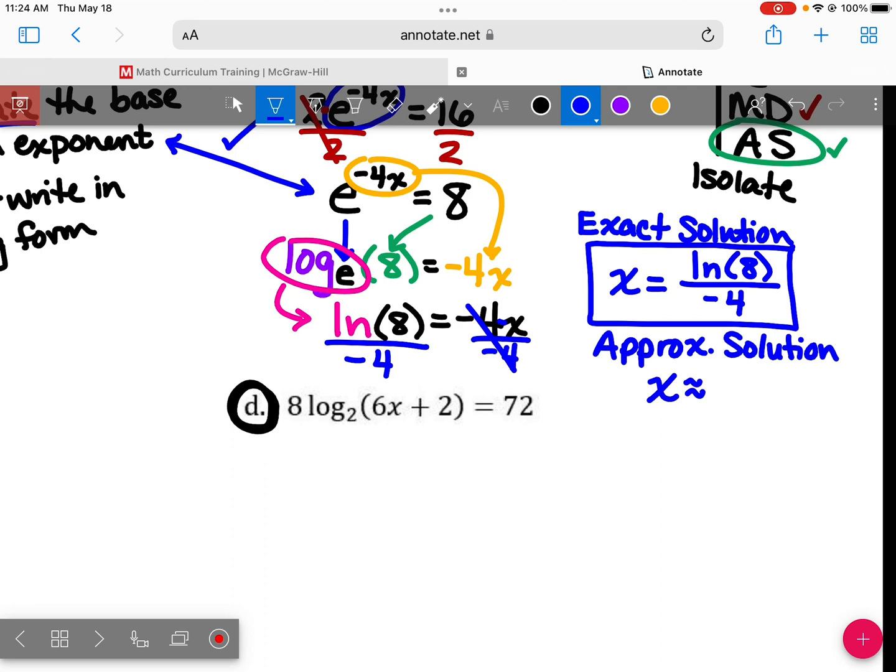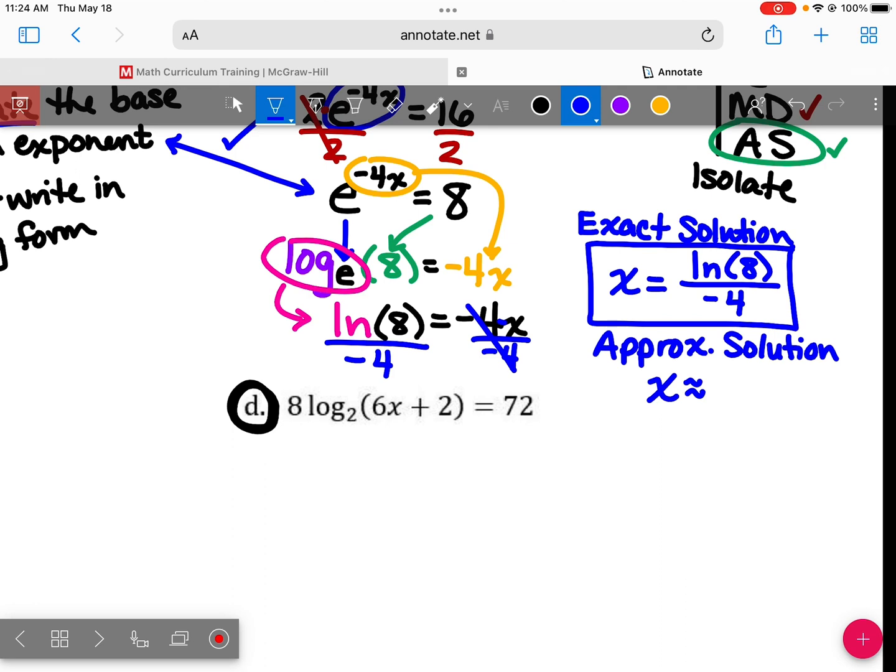What's in the blue square? You're not going to put the x equals part, but you're going to put the fraction. You're going to push the ln button, not second, just ln, and then you're going to put an 8 inside the parentheses that open up there, and then down on the bottom you're going to put negative 4, and then you'll hit enter. You divide it, you don't put it on the fraction, right?